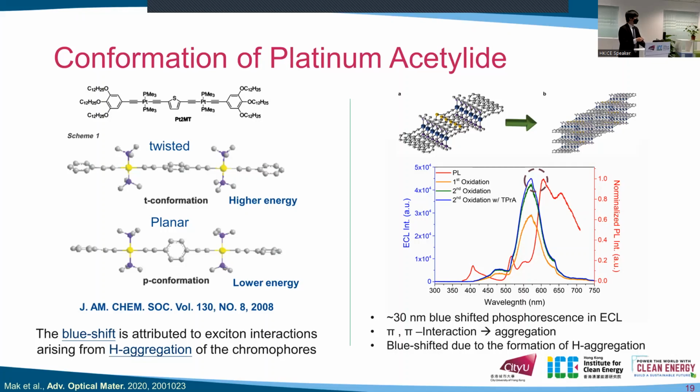Once it is excited, they will stack together and form a sheet on the electrode surface, and when they want to release the energy, due to the steric effect, they cannot go back to the original state, and it will emit a higher energy, so therefore we will have a shifted ECL compared to the photoluminescence.